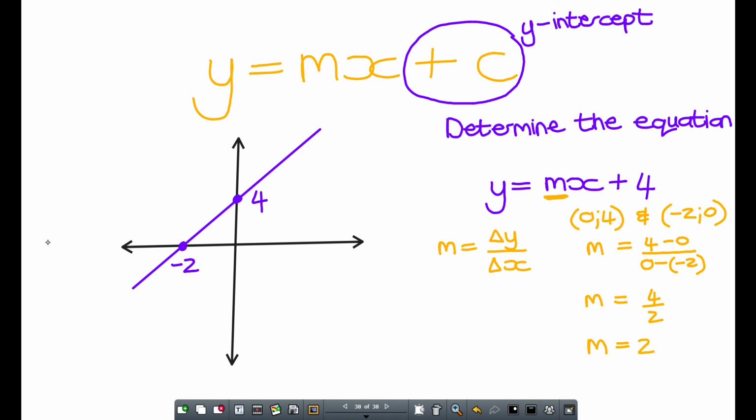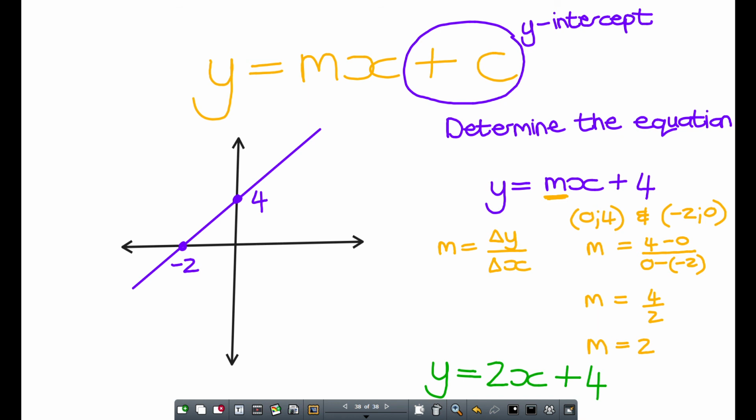Okay. So now I can say y is equal to, and instead of m, I can say 2x plus 4. So that is the equation of the straight line. So can you see when we've got to get the equation, I start with a y-intercept, and then we just go and work out gradient.